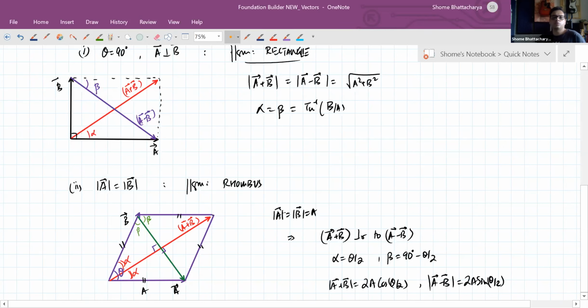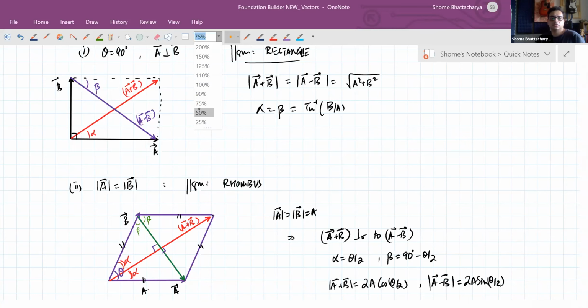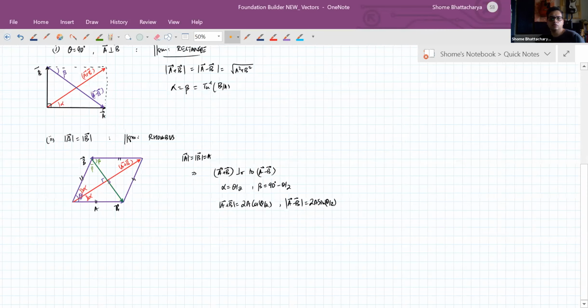So these are the important properties to remember as special cases of the parallelogram law.